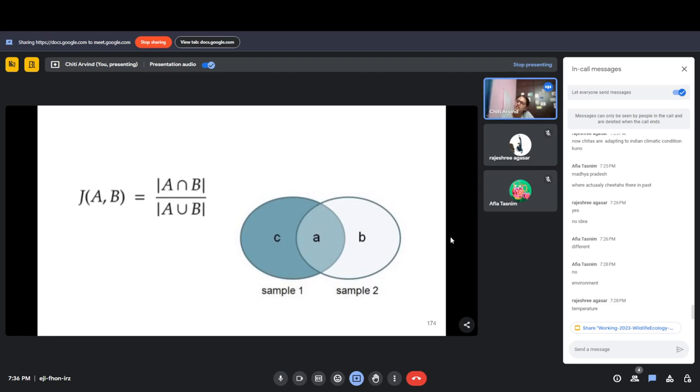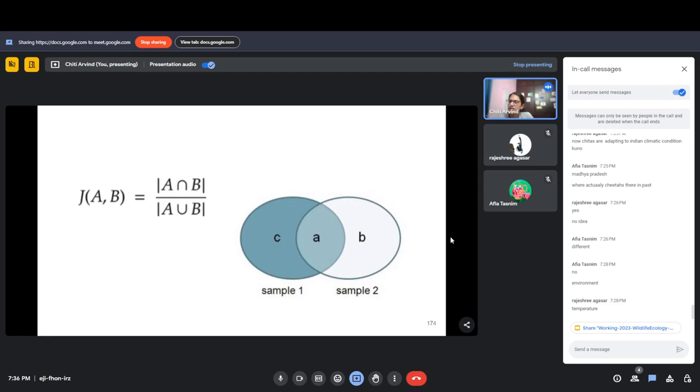So what is A intersection B out here? It might be confusing here. Okay, let's say site 1 and site 2.